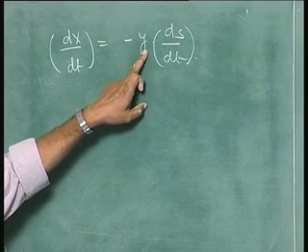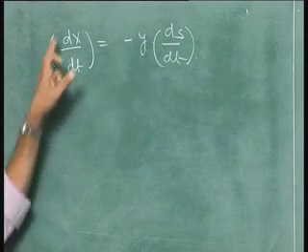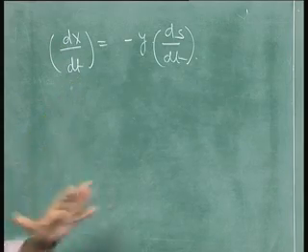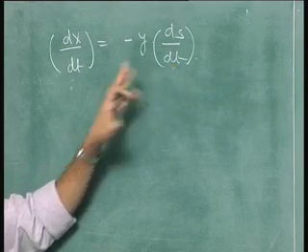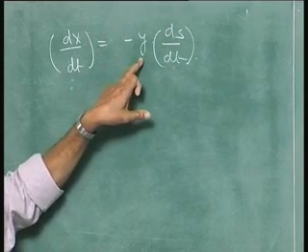Y is less than 1. That is why dx by dt is not equal to ds by dt, but is less than ds by dt, because y is less than 1.